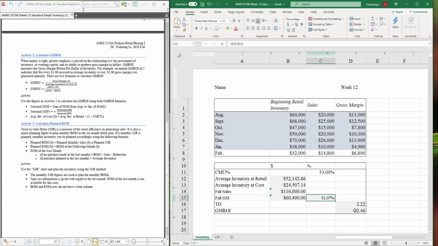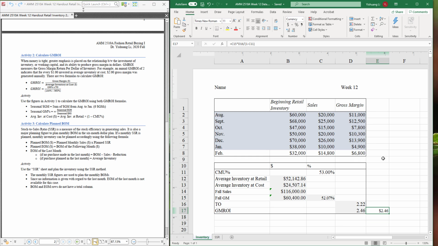And to verify our answer, we can put the answer here using the formula. We know the gross margin in percentage. We times this number with turnover and put it over 100%, or I can simply type 1 less the cumulative markup percentage.